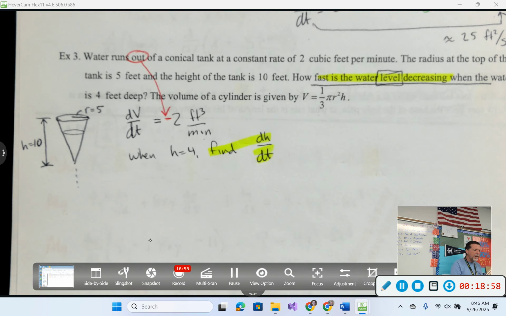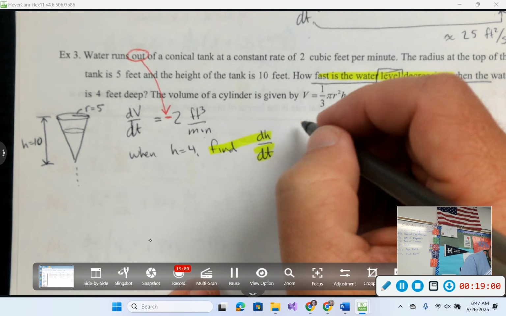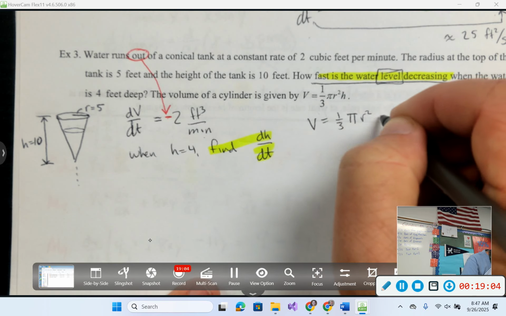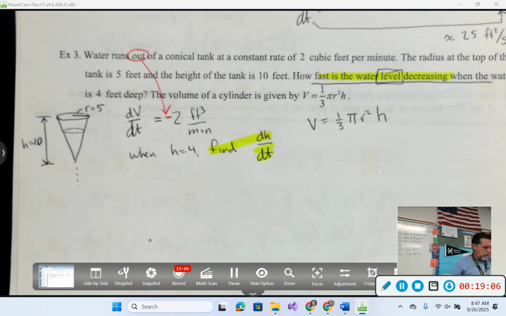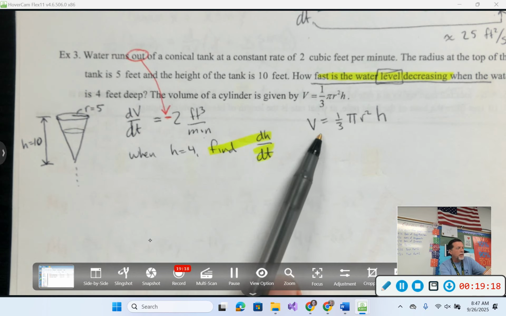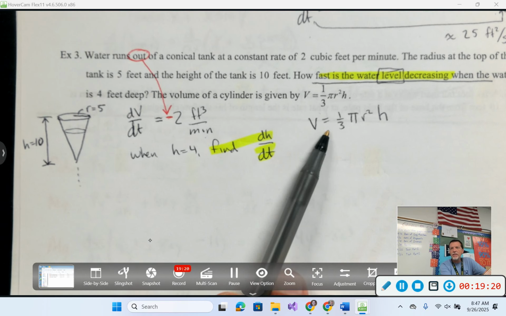This time they were kind enough to give us the equation. And then this is why this problem is a pain. I know I want to take the derivative with respect to time of both sides to make dV/dt show up.